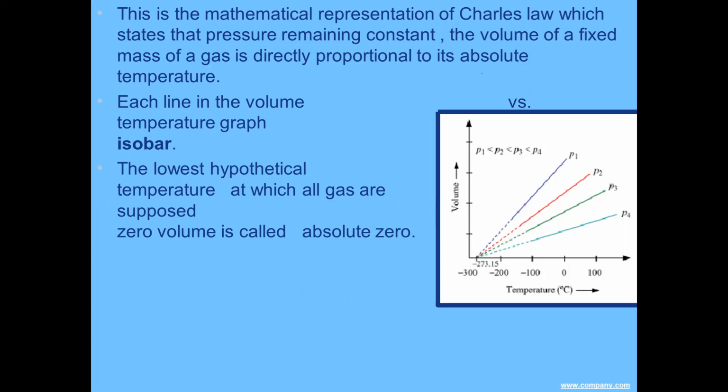So this is the lowest hypothetical or imaginary temperature at which all gases are supposed to have zero volume. And this temperature is known as absolute zero. Actually all the gases tend to liquefy before reaching this imaginary temperature.